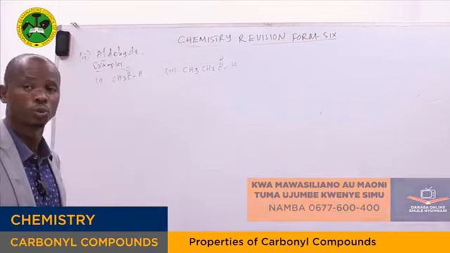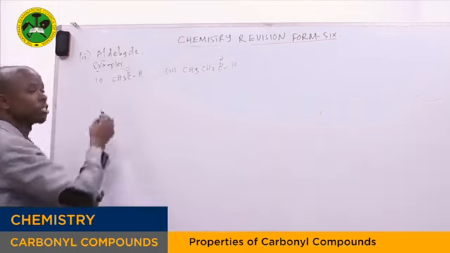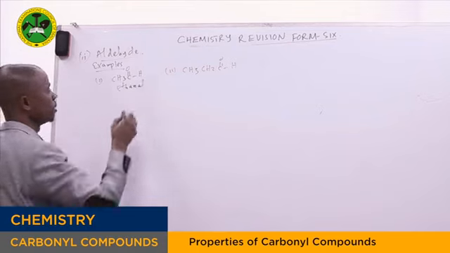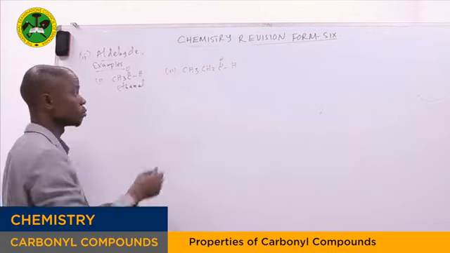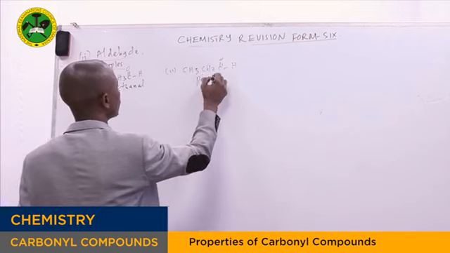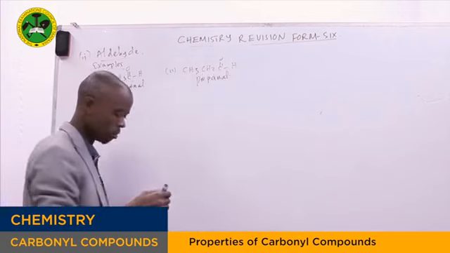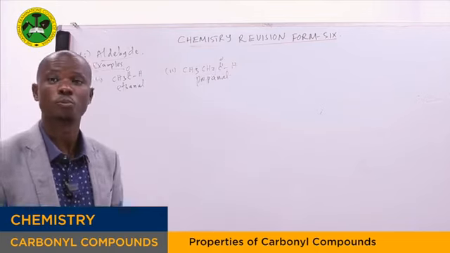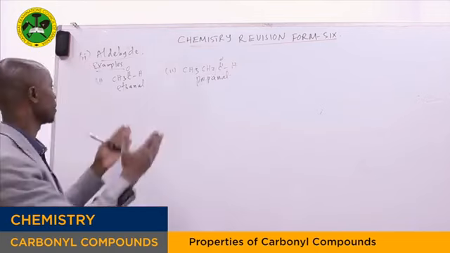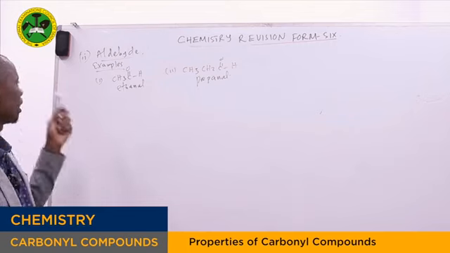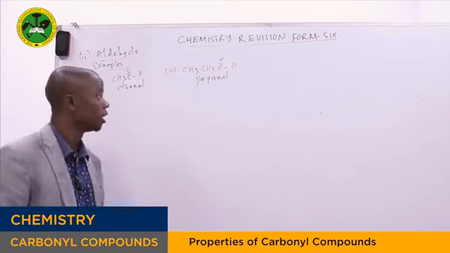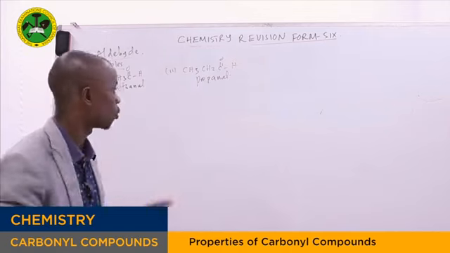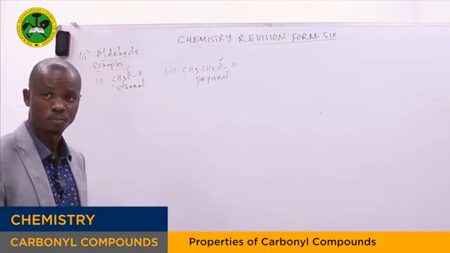That is example 2. The first example contains 2 carbon atoms, so this is ethanal. The second one contains 3 carbon atoms, so this is propanal. So you can see the position of the carbonyl group. If I tell you to define it, you can simply say an aldehyde is an organic compound containing a carbonyl group bonded to at least one hydrogen atom, as you can see.